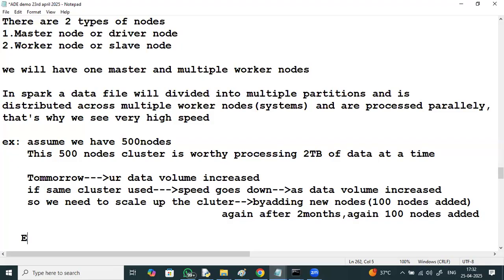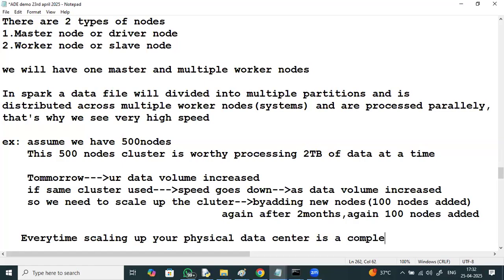So every time, scaling up your physical data center is a complex task.